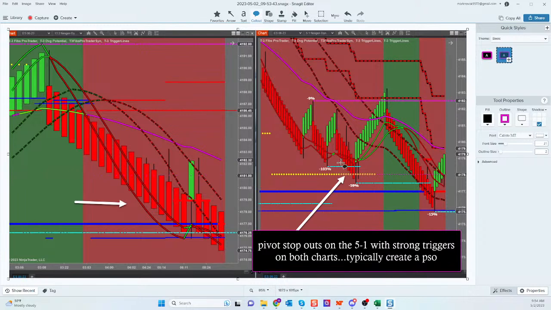So if I see 2 divergences on my 5-1, my expectation is that that second divergence is going to take out a previous divergence high.